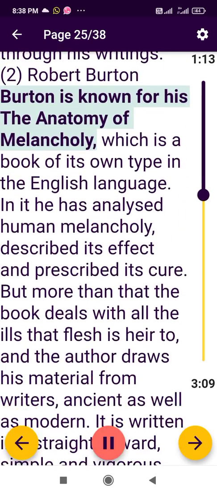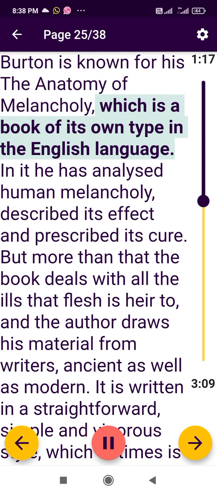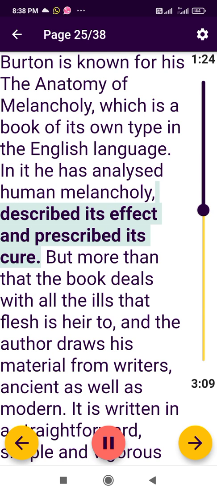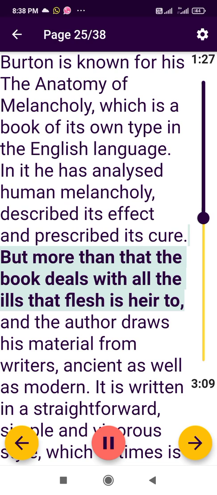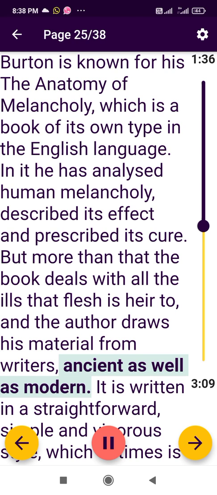Burton is known for his The Anatomy of Melancholy, which is a book of its own type in the English language. In it he has analyzed human melancholy, described its effect, and prescribed its cure. But more than that, the book deals with all the ills that flesh is heir to, and the author draws his material from writers, ancient as well as modern.